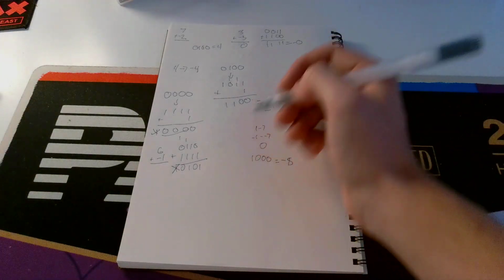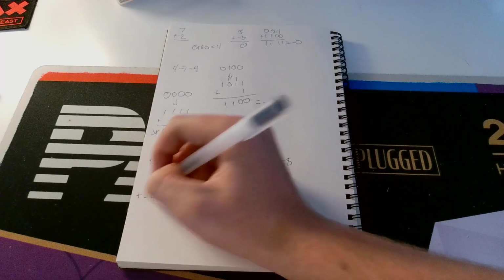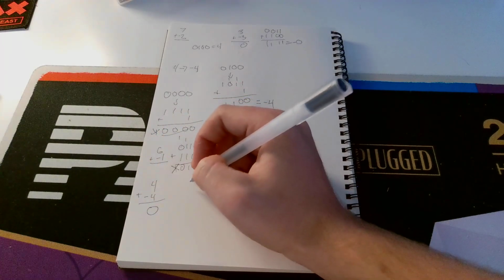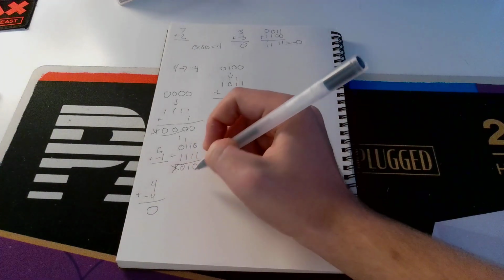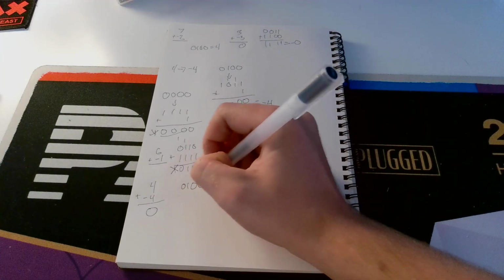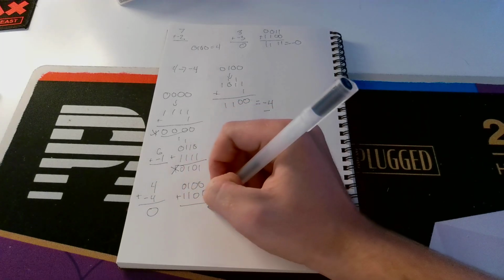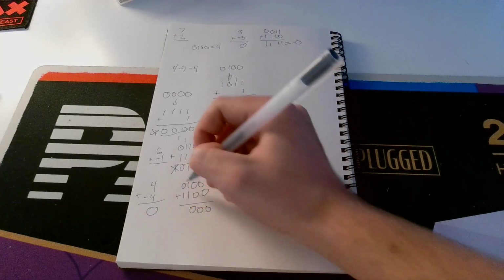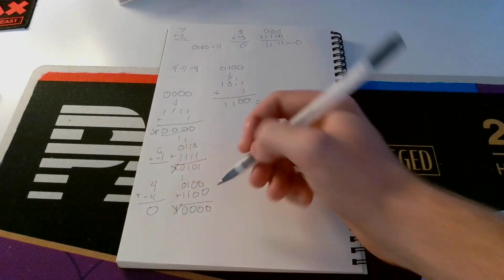And if we add 4 and negative 4, it's going to come out to 0 in decimal, but 4 is 0, 1, 0, 0, plus 1, 1, 0, 0, so 0, 0, 0, carry the 1, 0, carry the 1, ignore that overflow bit, and we get 0.